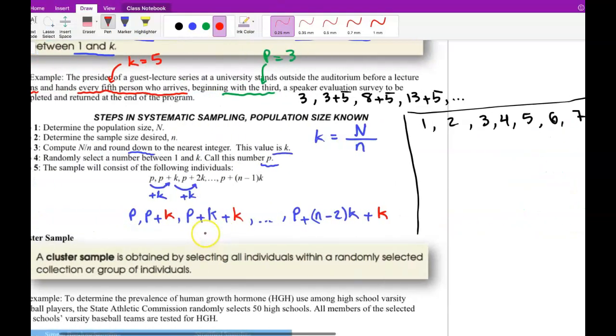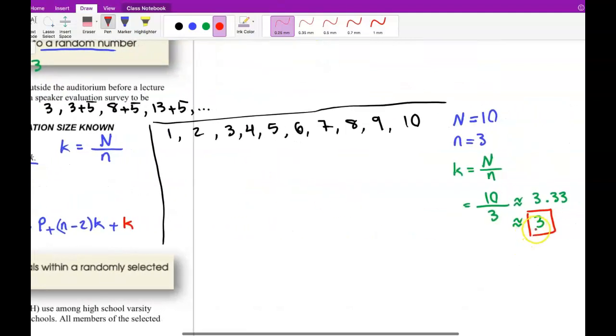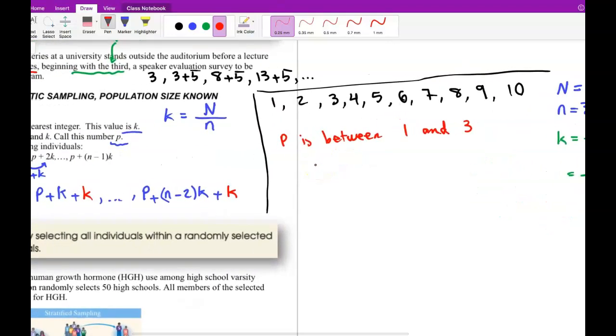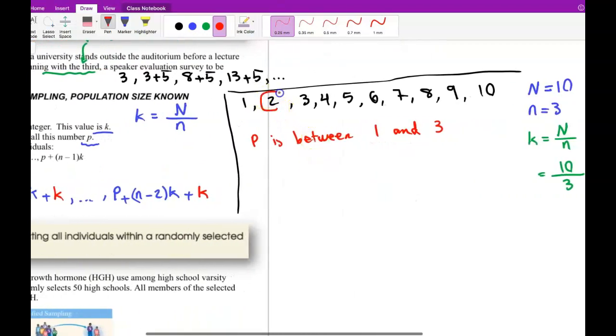And then we should select P: randomly select a number between 1 and K. Here K is 3, so P is between 1 and 3. Let's choose 2. So P is 2, and that is our starting point.